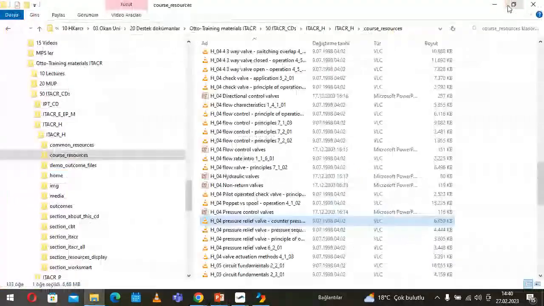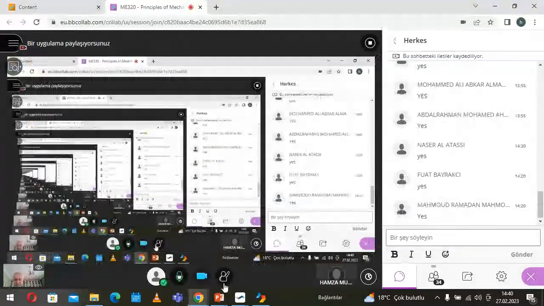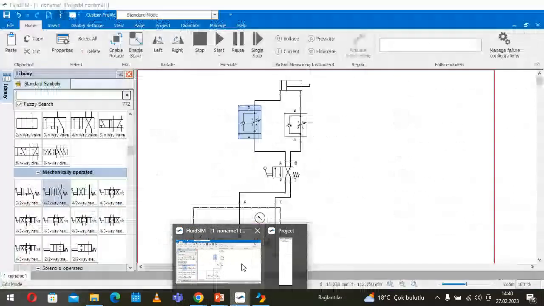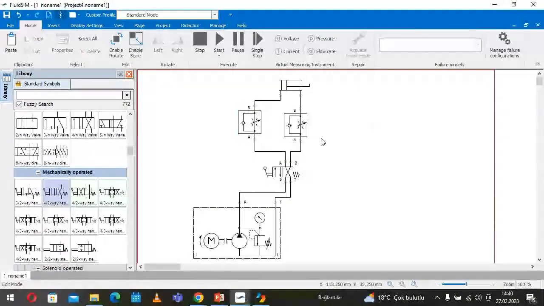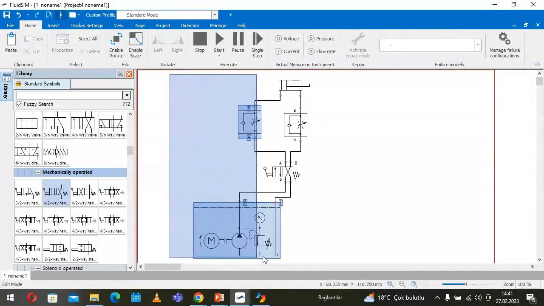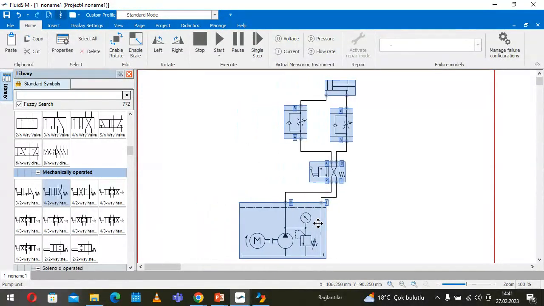Now I will establish a circuit, and I will show you what I mean. So we have such a circuit. I'm going to use an additional pressure relief valve.